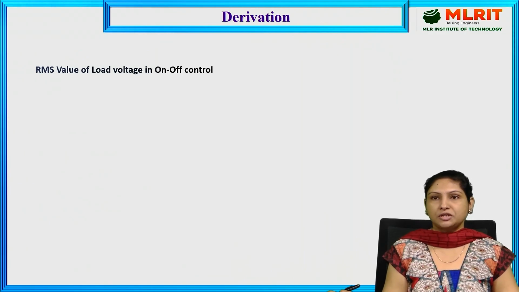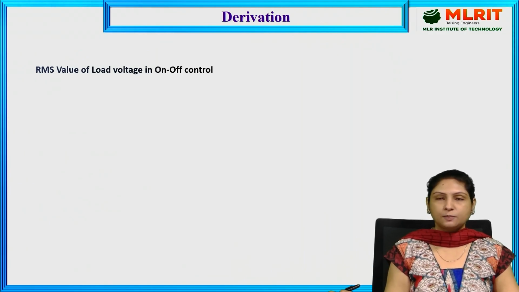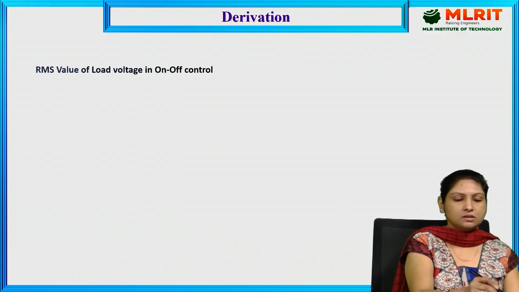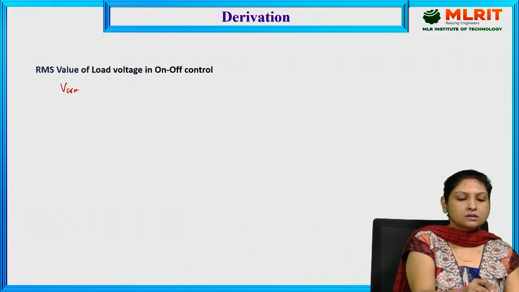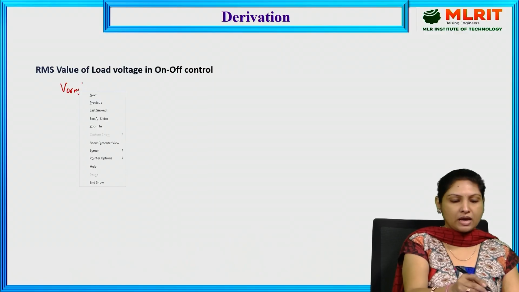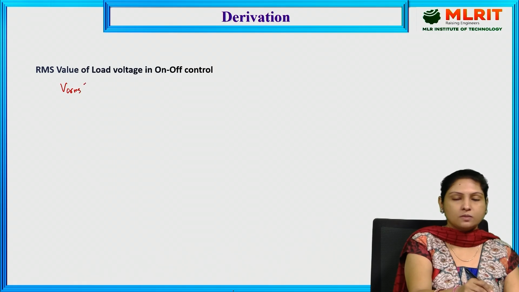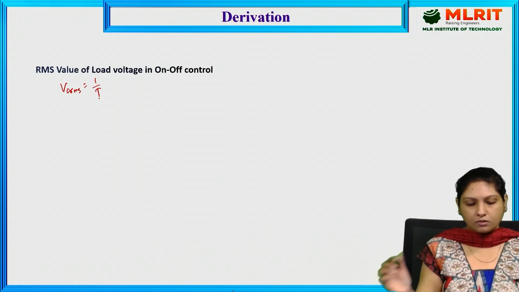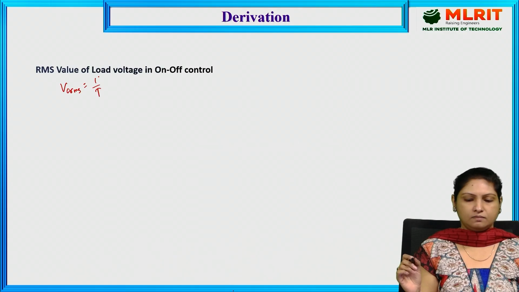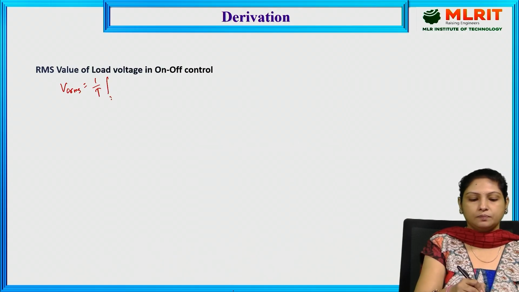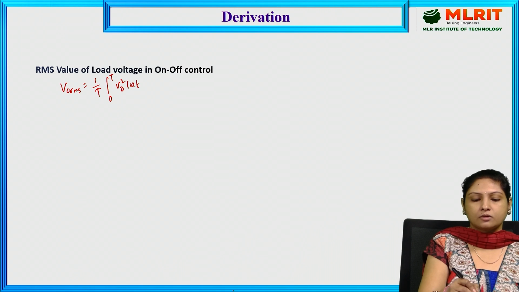Coming to the derivation part, let us derive the expression for V0 RMS. The general formula is V0 RMS equals 1 by T, integral from 0 to T of V0 square of omega T d omega T, whole to the power of 1 by 2.